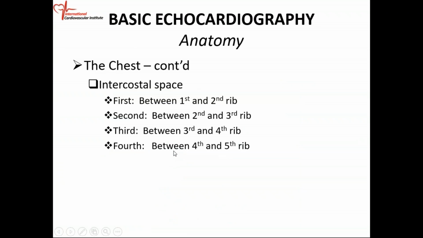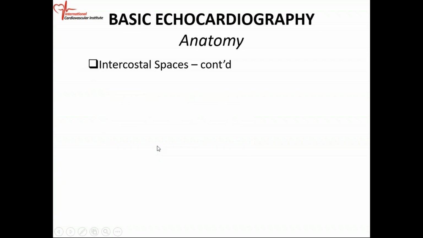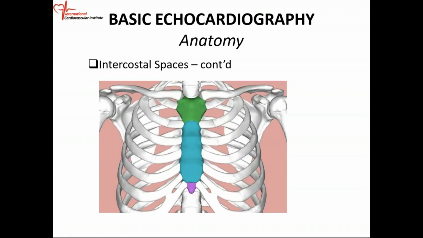Those are bony landmarks that we refer to all the time when we do ultrasound. Again, the first intercostal space is between the first and the second rib, the second between the second and the third rib, and the third between the third and the fourth rib, and so forth. So it's very important. This is what we mean by the intercostal space.